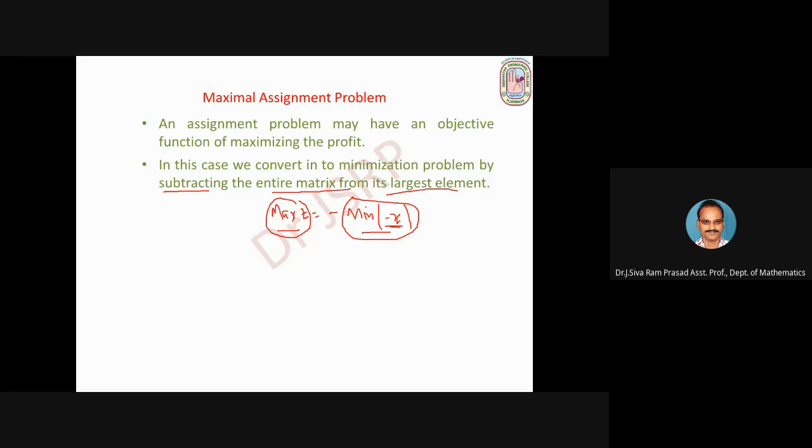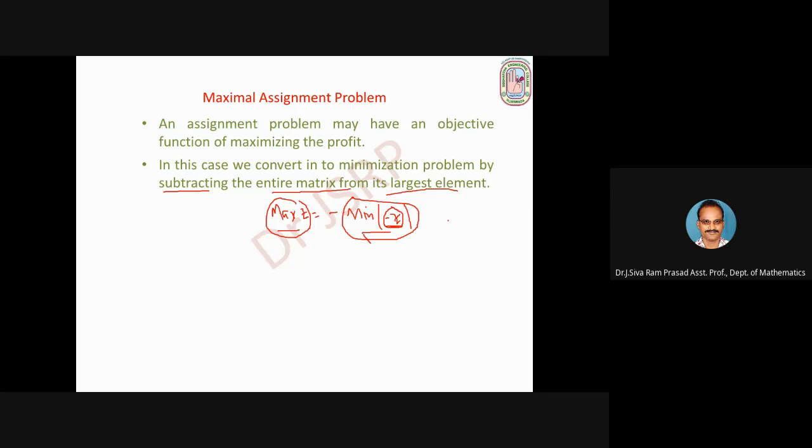Taking the negative of the objective function means we take a negative sign for each entry in the matrix. So what is the Hungarian method? The Hungarian method assumes that each entry in the matrix should be non-negative. Here we have negative entries, so we have to add a sufficient positive quantity to each entry. Suppose the largest entry in the matrix is, for example, 10.